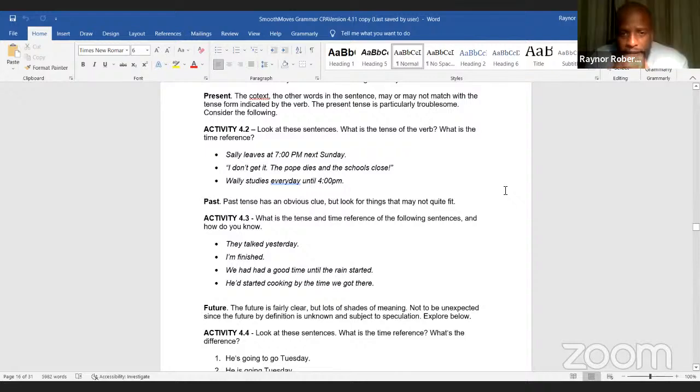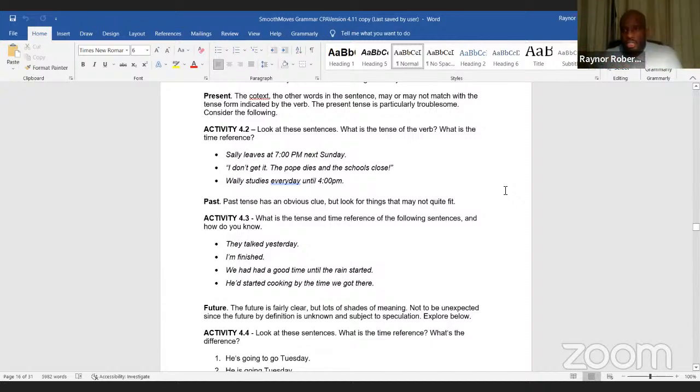He'd started cooking by the time we got there. So that reads, he had started cooking by the time we got there. So this started in the past. We got there, past tense.